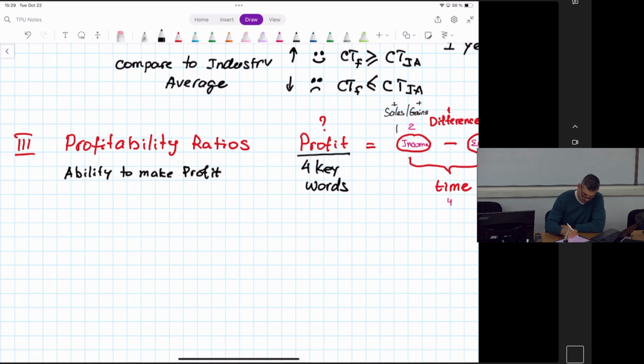So, if the company generates income which is bigger than expenses, then this company is able to generate profits. So it's profitable. It's able to generate profits. So that's the first idea.